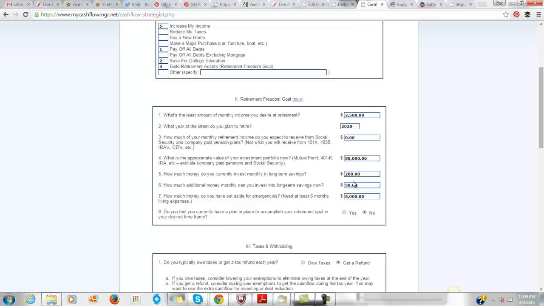It's going to tell us how much money and how much time we're going to need to reach our retirement freedom goal, which for me is $2,500 a month.